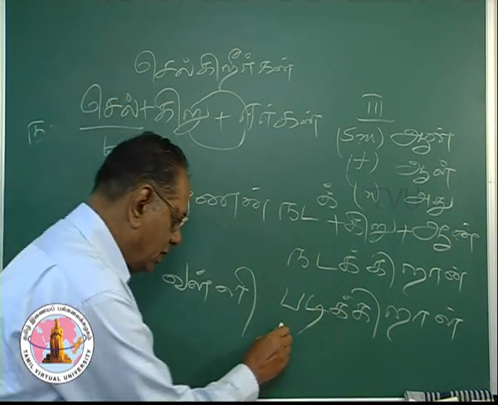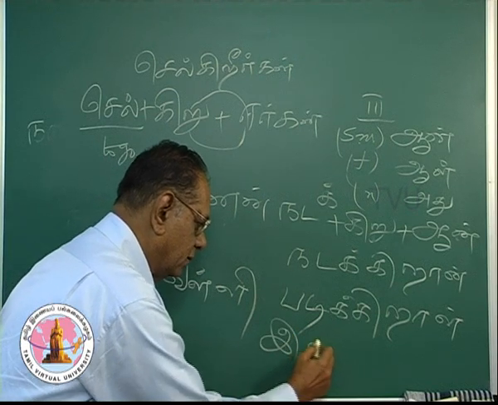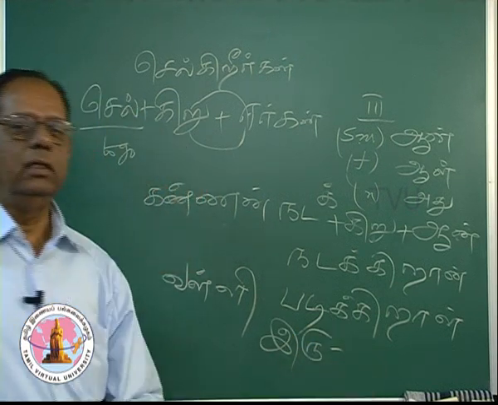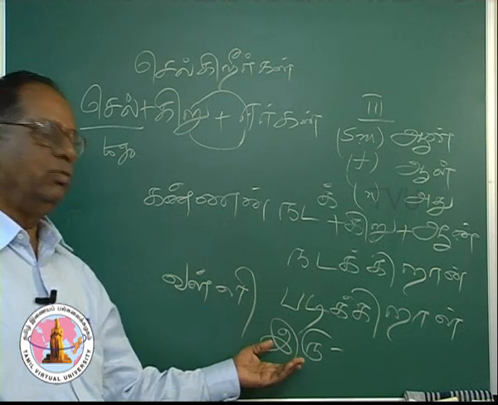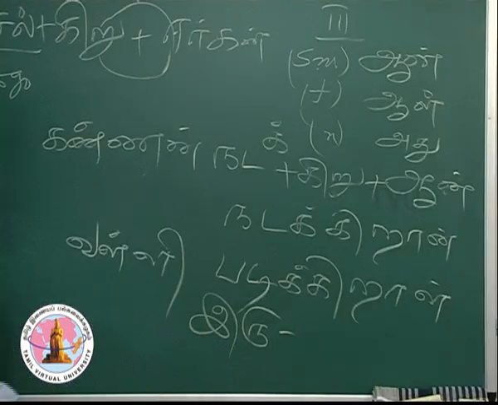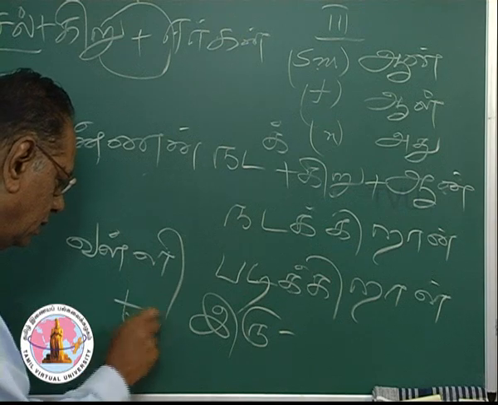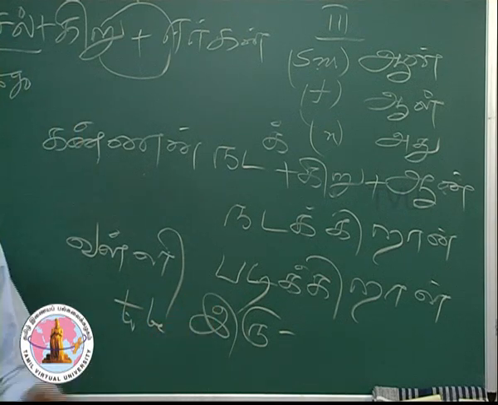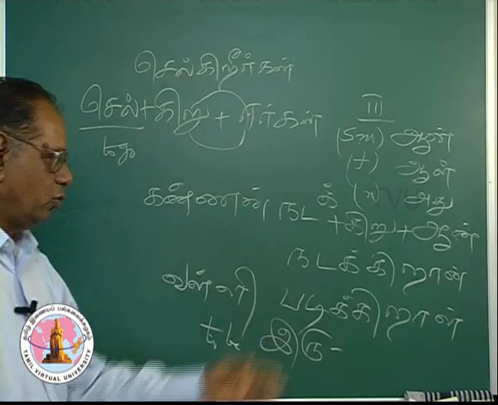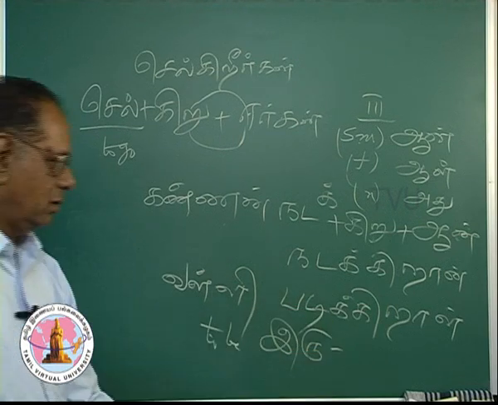One more verb, because you have to remember this. இரு. What does this mean? இரு, to be. Remember that. இரு also takes an extra consonant.